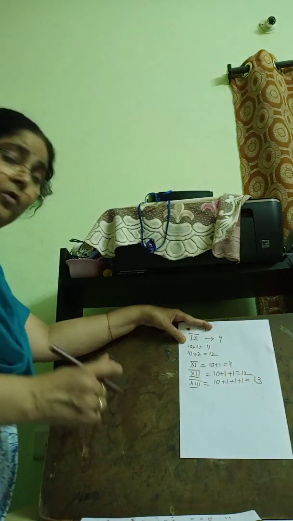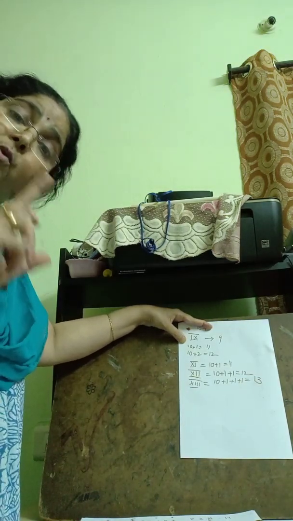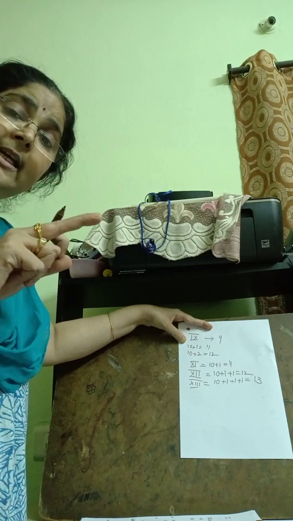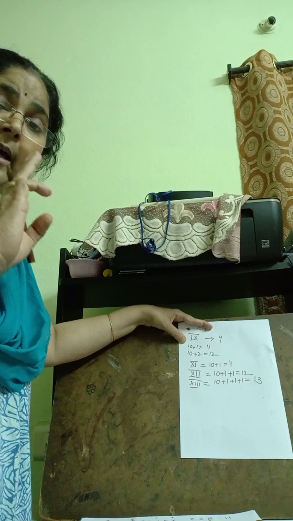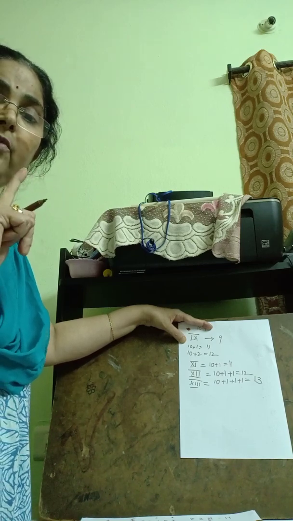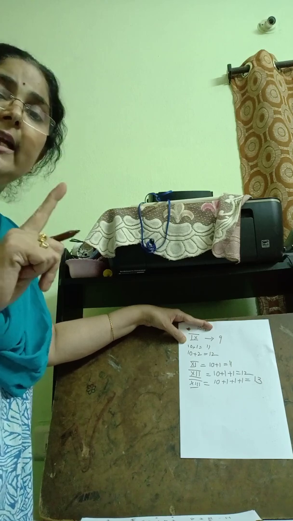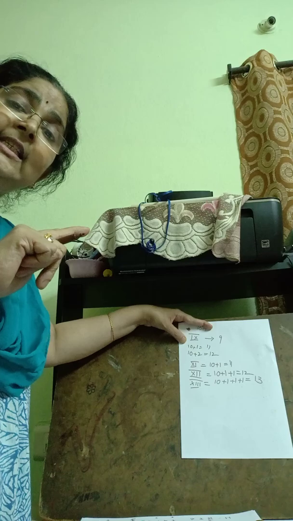14 मतलब 10 plus 4 हम नहीं लिख सकते. क्यों नहीं लिख सकते? ऐसा लिखने से 1 को हमें 4 बार रिपीट करना पड़ेगा. 4 बार किसी नंबर को रिपीट कर सकते हैं क्या? नो. Rule number 1, we can repeat the number only 3 times. So 4, how you can write? 5 minus 1.